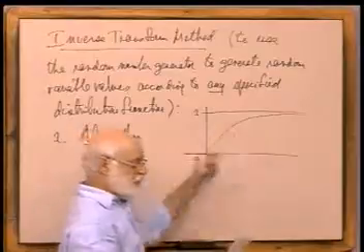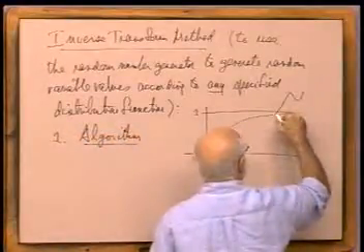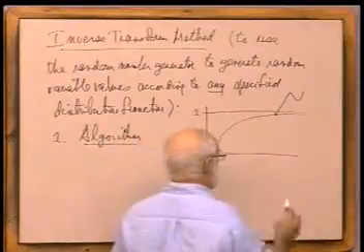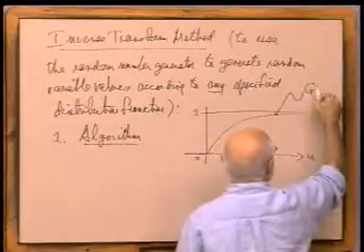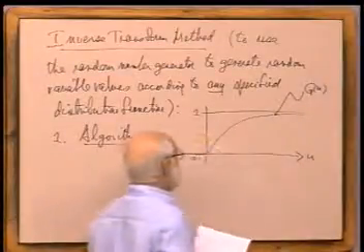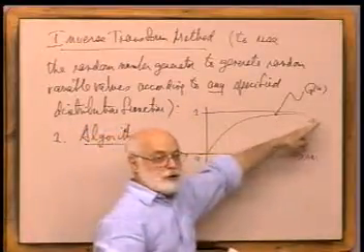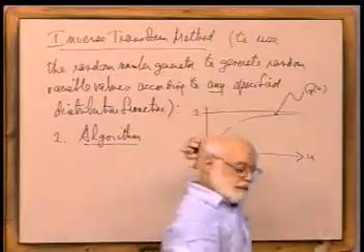Suppose this is a distribution function that describes the tickets in the urn. For the purpose of the proof, I'm going to call this U, and this G of U. So this is an arbitrary function that has the properties of a distribution function. It starts at 0, it ends at 1, it doesn't oscillate.